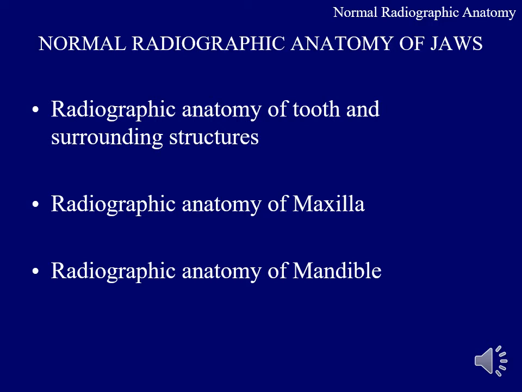The normal radiographic anatomy of jaws includes radiographic anatomy of teeth and surrounding structures, radiographic anatomy of maxilla, and radiographic anatomy of the mandible.